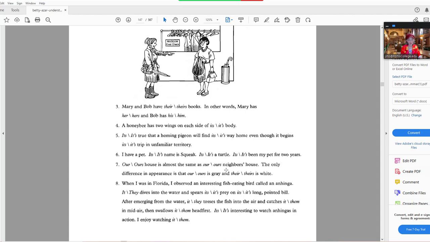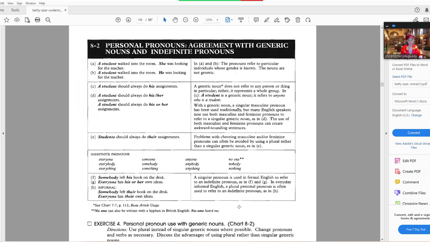The only difference in appearance is that ours is gray and theirs is white. When I was in Florida, I observed an interesting fish-eating bird called an anhinga. It dives into the water and spears its prey on its pointed bill. So you get the idea of how to use it's and its.